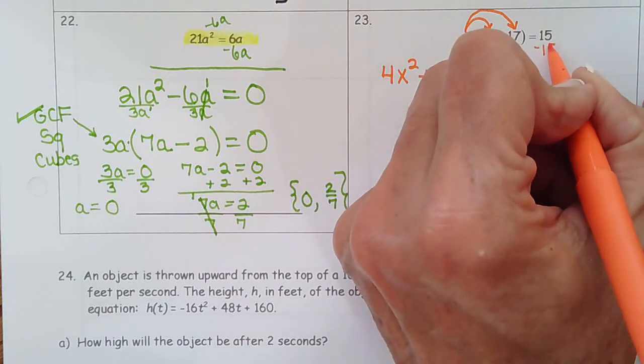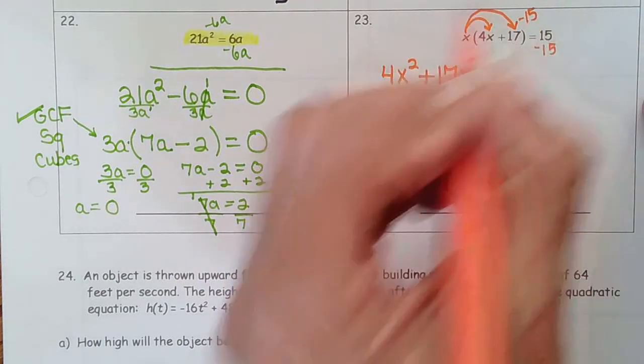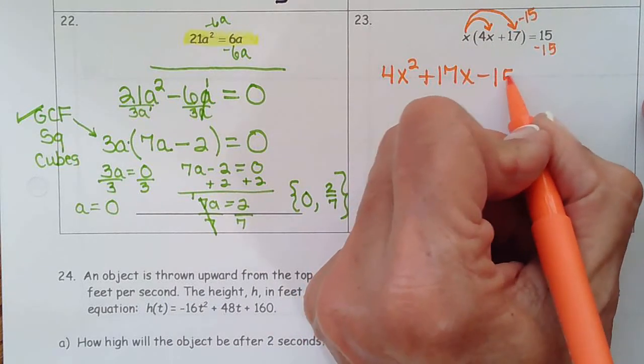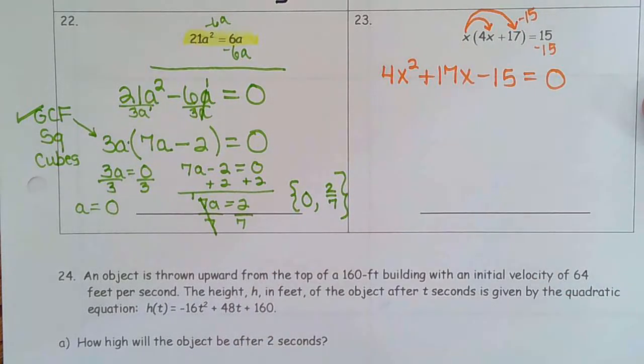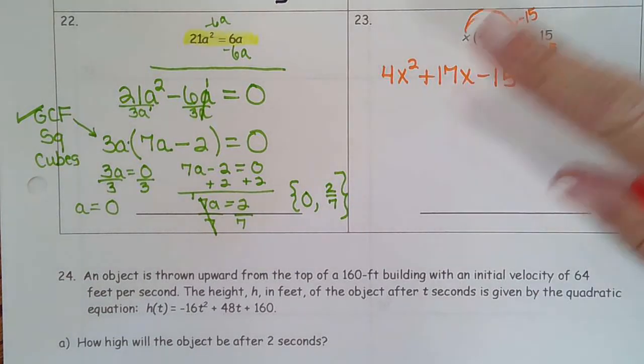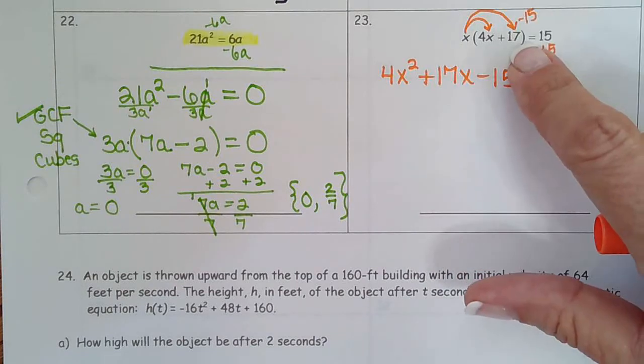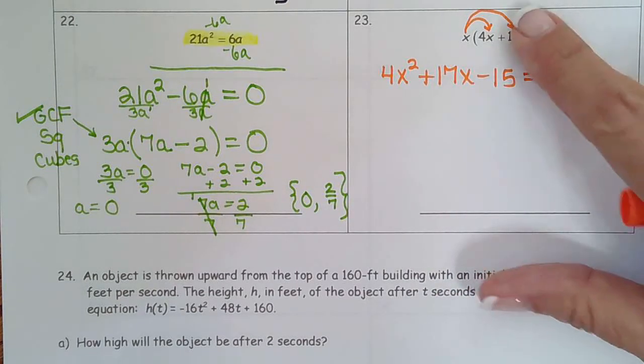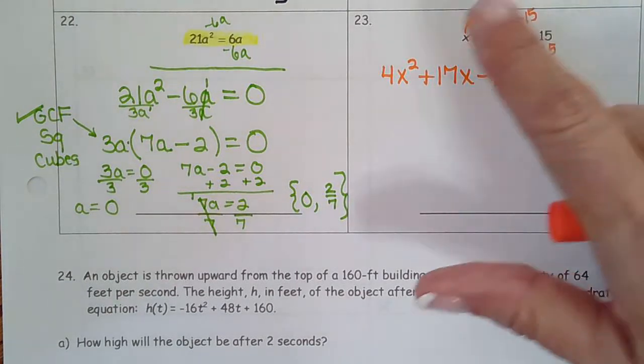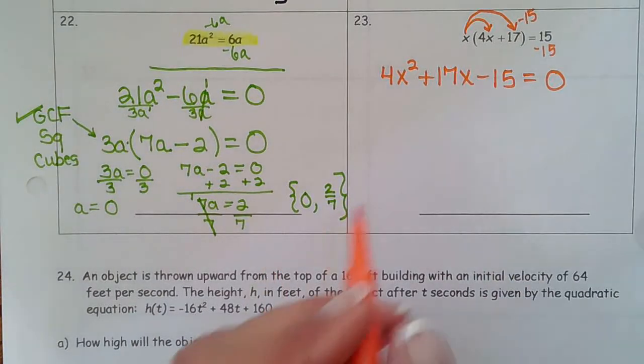Now we can do minus 15, minus 15, minus 15. Now we'll have 0 on the right-hand side because remember, step 1, set equal to 0. Well, you can't have parentheses and set it equal to 0. So we distribute out the parentheses, subtract the 15. Always do the opposite when you're crossing the equal sign.